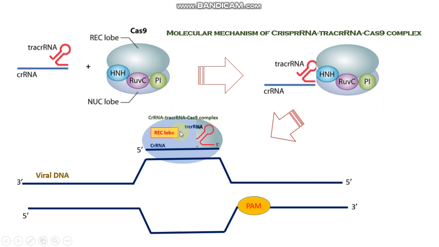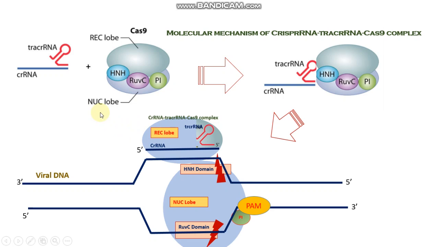First the recognition lobe recognizes the sequence in the viral DNA that matches the CRISPR RNA, and then the other lobe, the NUC lobe, which contains the HNH and RuvC domains, cleaves the two different strands. The HNH domain cleaves one strand, and the RuvC domain cleaves the other strand.